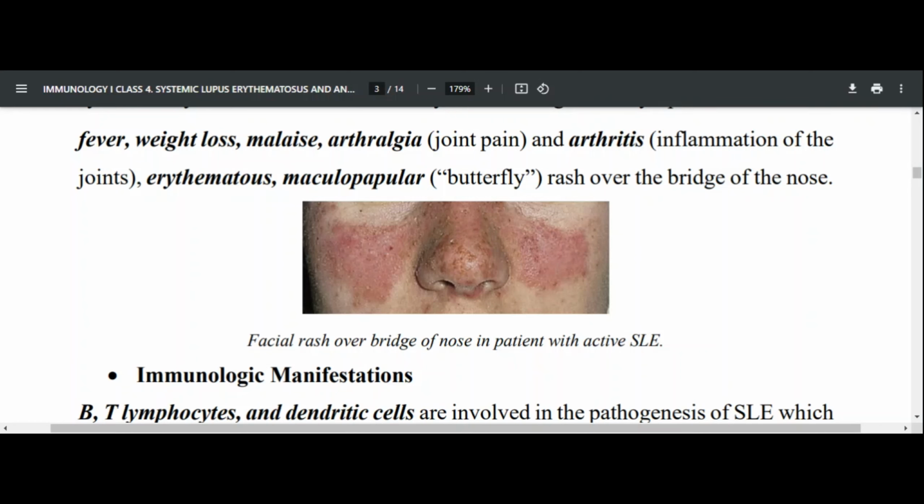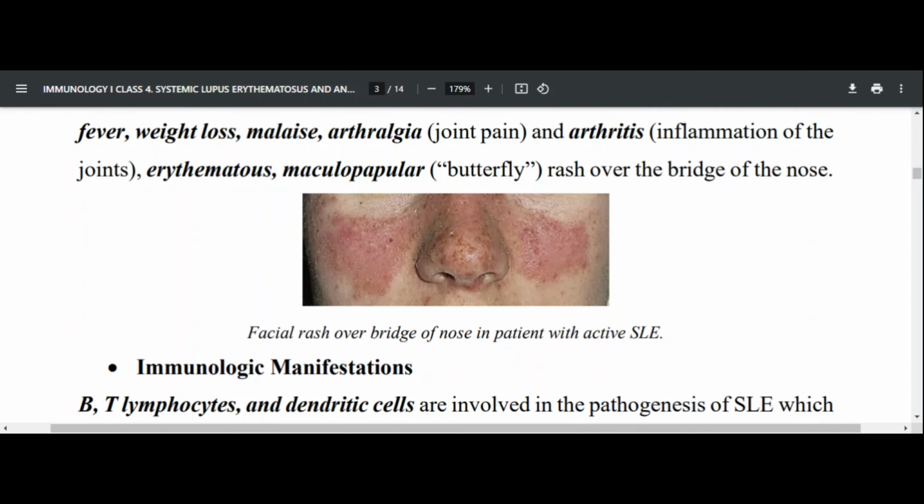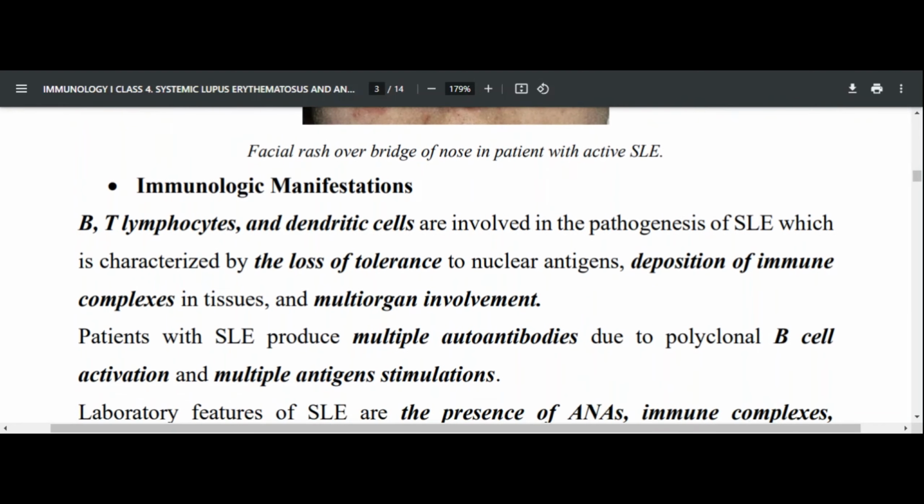Now, what is very important for you in systemic lupus is the immunologic manifestations. What do you find at the level of immunology in systemic lupus? We normally find involvement of some cells, including B lymphocytes, T lymphocytes and dendritic cells. They are characterized by loss of tolerance, which means B lymphocytes can lose tolerance to self-antigens, T lymphocytes can also lose tolerance, and dendritic cells can also lose tolerance.